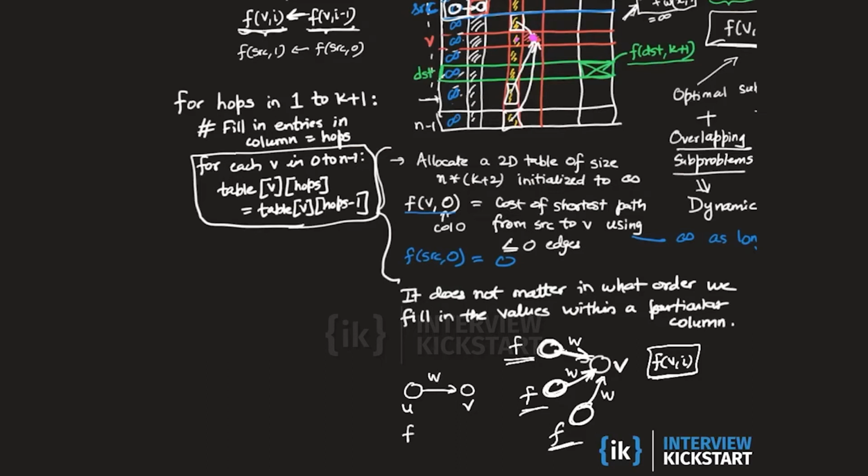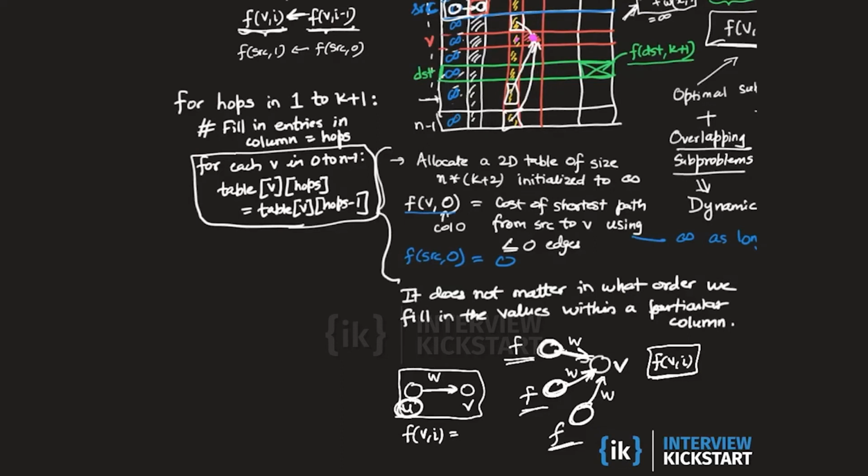I could at that point set the value of f of v comma I to either its current value, or potentially a lowered value, f of u comma I minus 1 plus this w.